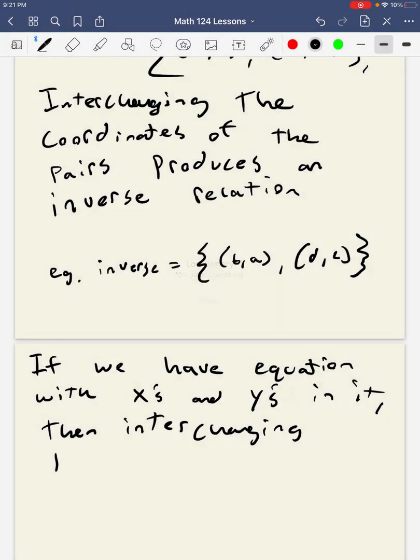Interchanging, or inverting, the x and the y gives an inverse relation.